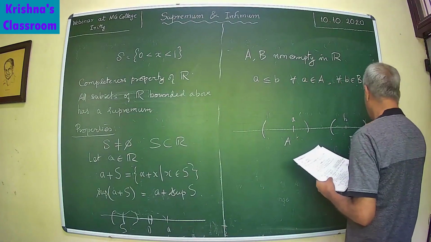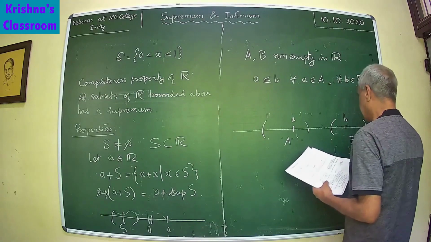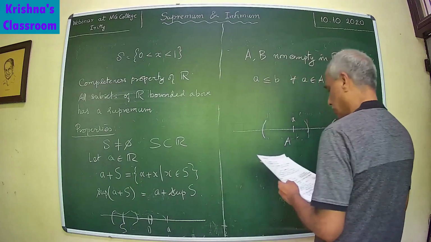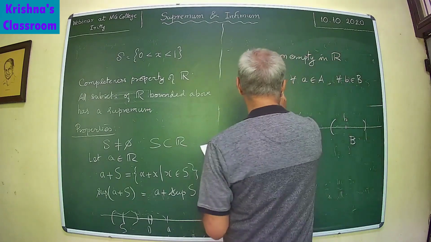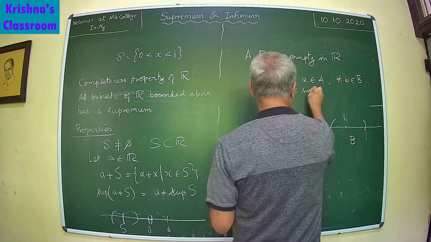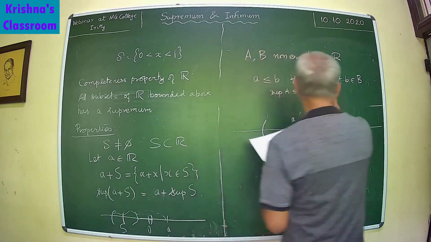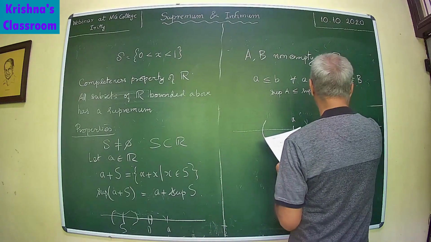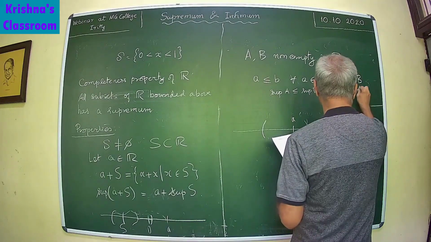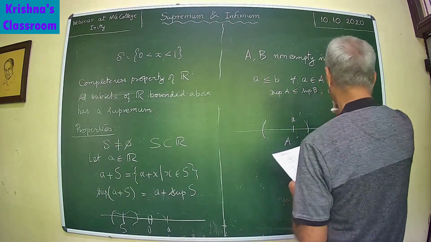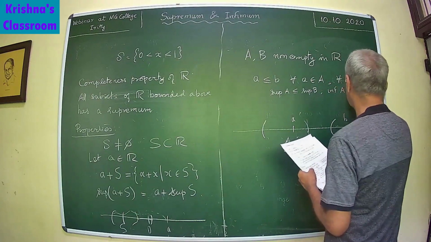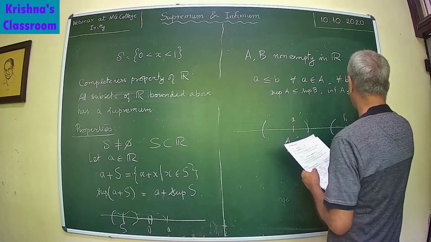This is the least upper bound of A, and this is the least upper bound of B. So you can immediately get that supremum of A is less than or equal to supremum of B. This is obvious.